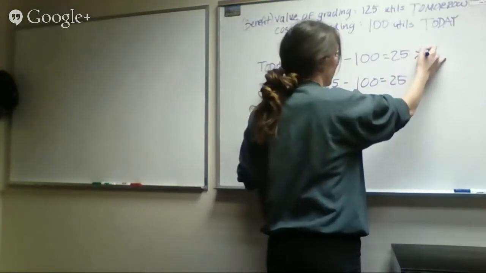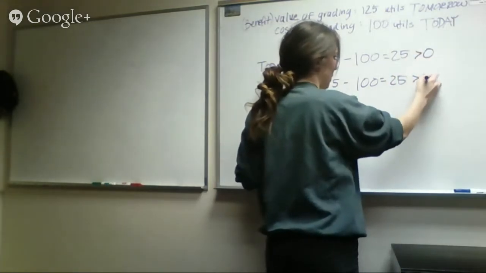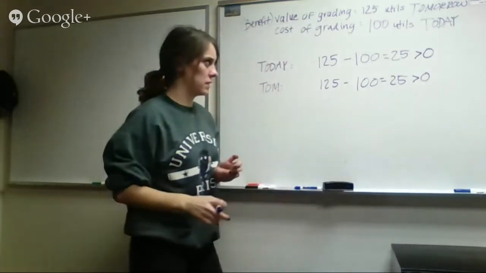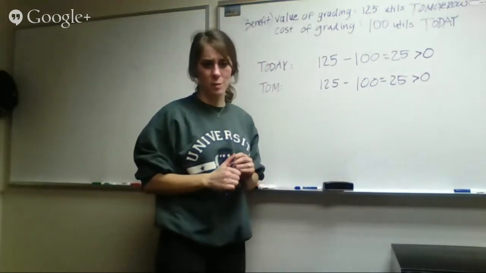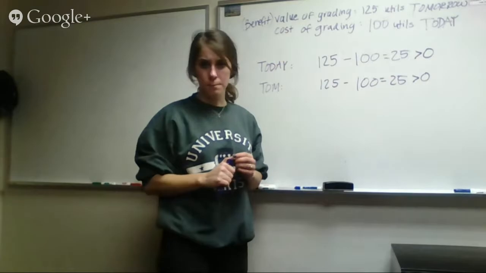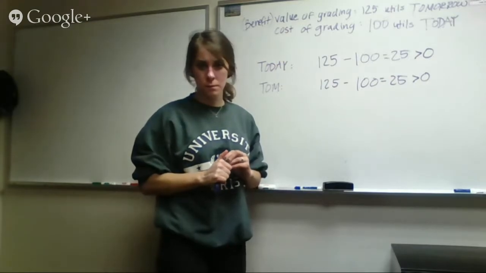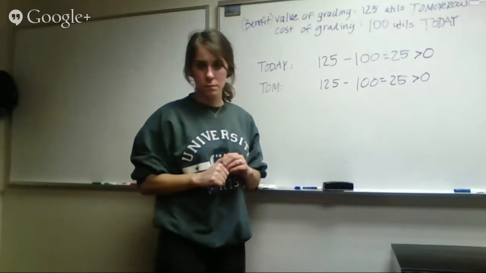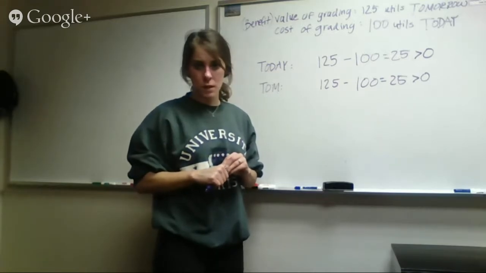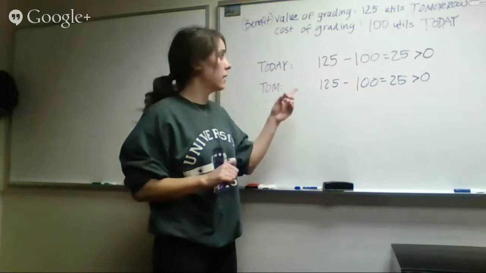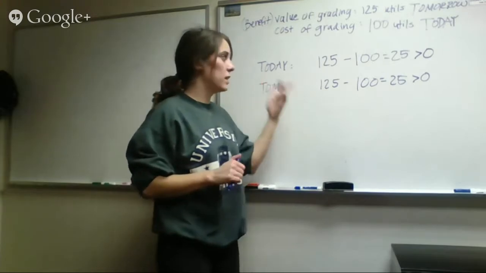So this is greater than doing nothing, I guess. I'm not really sure why he has it set up as greater than 0. I'm sure he told you guys in class, but yeah, so if he does nothing today, then he gets 0 utility.